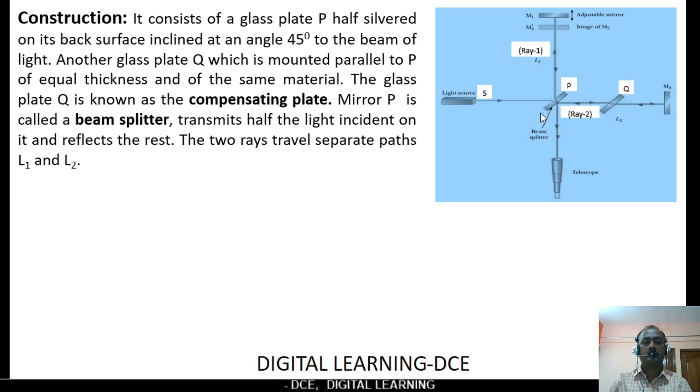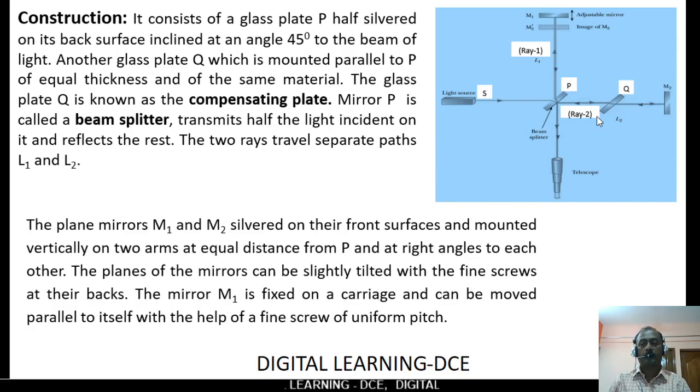The two rays travel separate paths, L1 and L2. L1 is called ray 1, and L2 is called ray 2. The plane mirrors M1 and M2 are silvered on their front surfaces and mounted vertically on two arms at equal distance from P and at right angles to each other.